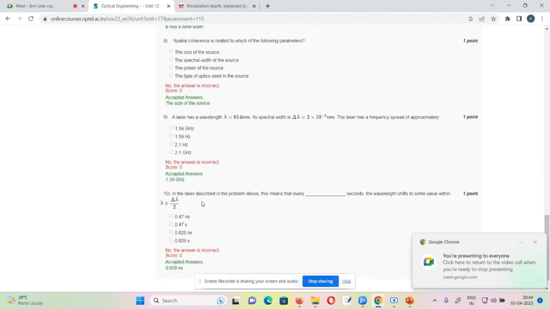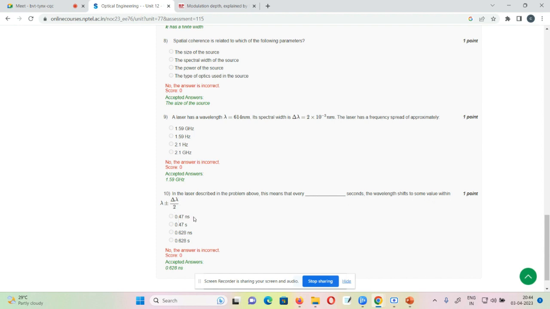Now the 10th question. In the laser described in the problem above, this means that every dash seconds the wavelength shifts to some value within lambda plus or minus delta lambda by 2. What is the value? We are given that delta lambda is 2 into 10 raised to minus 3 nanometer.